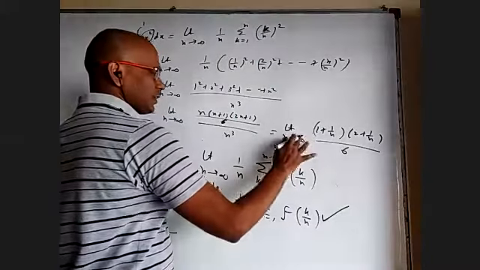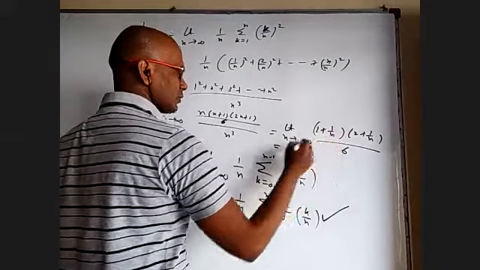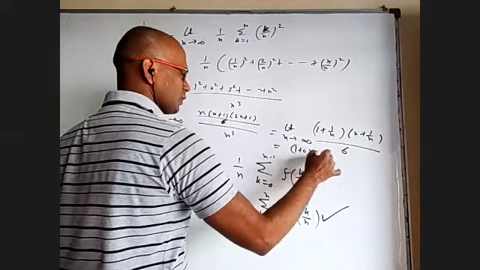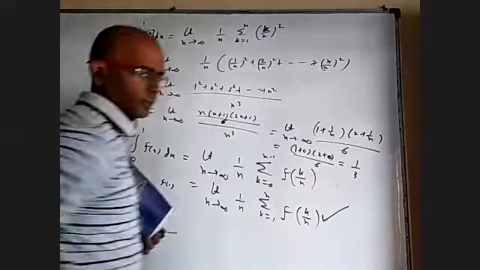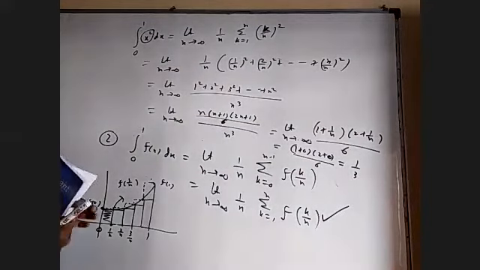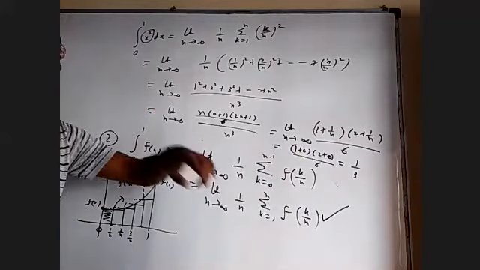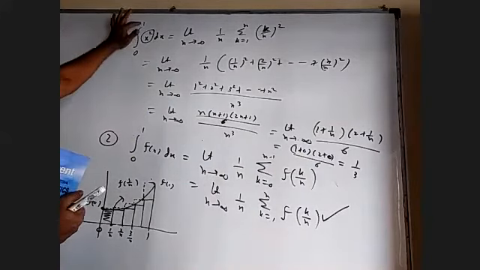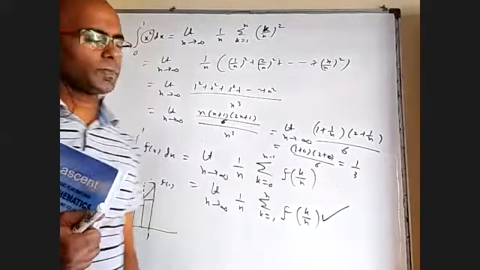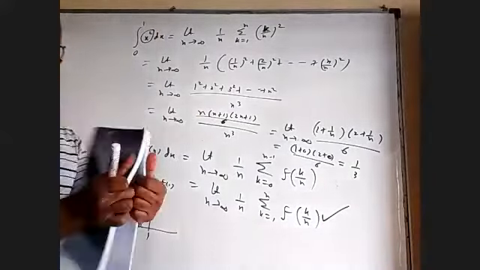When n is infinity, this will become 0, this will become 0. We get 1 plus 0 into 2 plus 0 by 6, which is 1 by 3. Okay, so the integral 0 to 1 of x squared dx is 1 by 3 by this way. Similarly, if you take 0 to, let us say, L, the answer will come as L cubed by 3 if I use the limits properly.